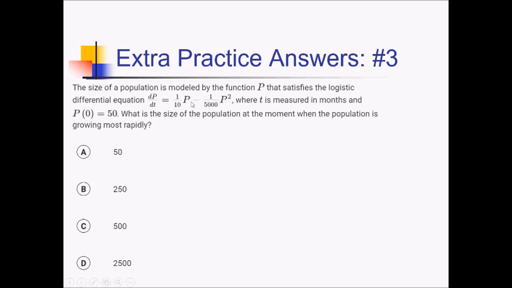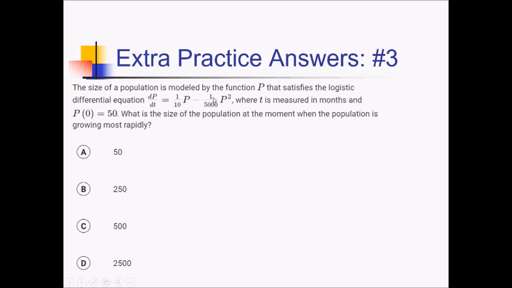To do that, we need to rewrite this equation in something that's a little bit more recognizable. So what I'm going to do is factor out this 1 over 5,000, because I like to have this in the format of kP times parentheses carrying capacity minus P. So we need basically some number minus just P inside of parentheses.